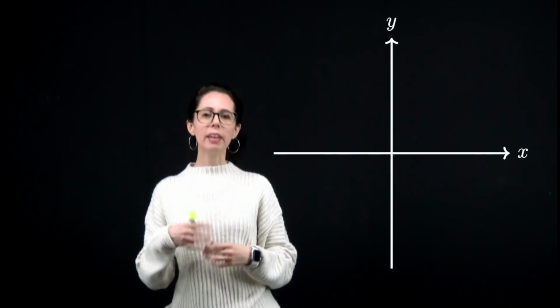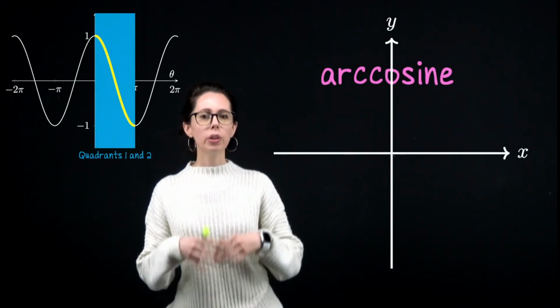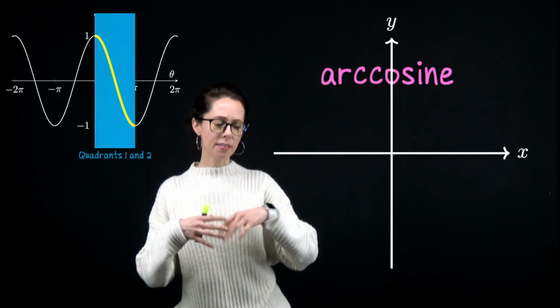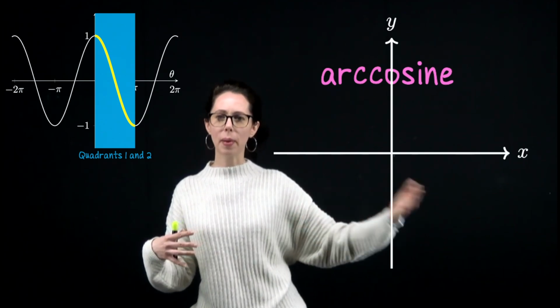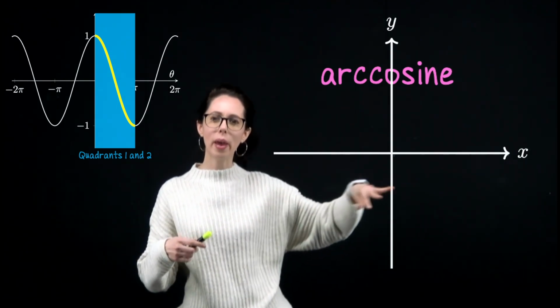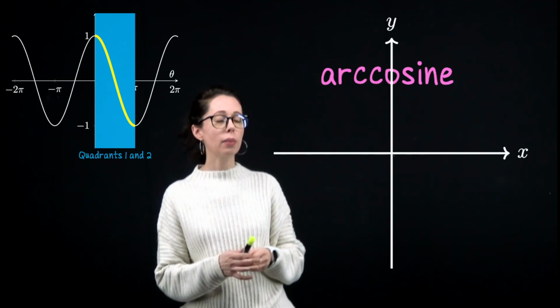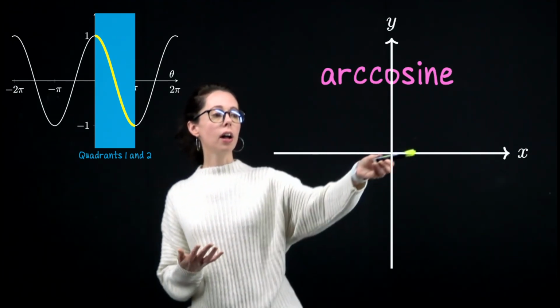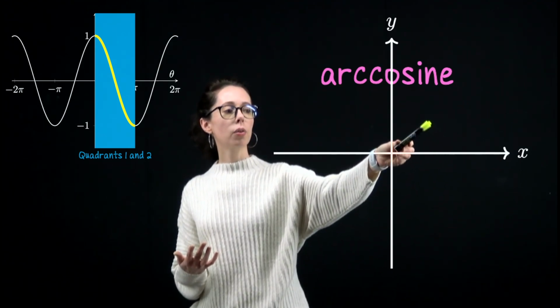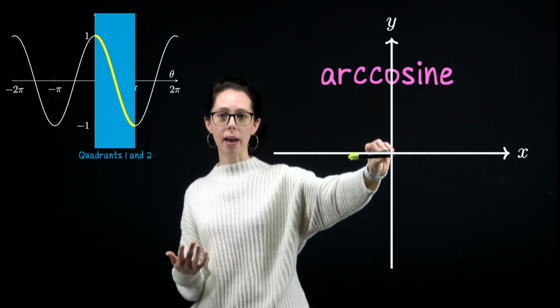If you want to invert cosine, you can't invert it as a function from R to the closed bounded interval from -1 to 1 because it's a wave, so it doesn't pass the horizontal line test. But what we do is ask how the cosine function behaves on angles from 0 rotating counterclockwise through pi.